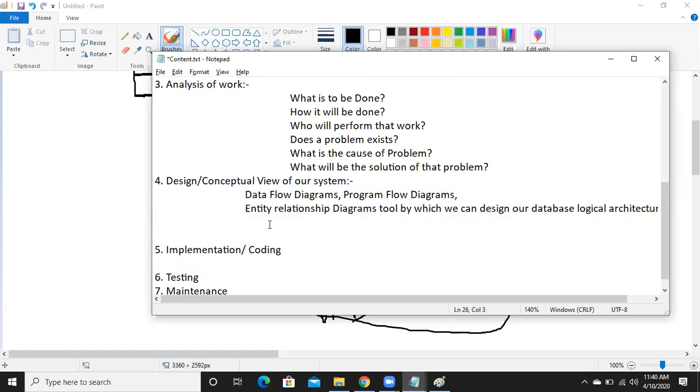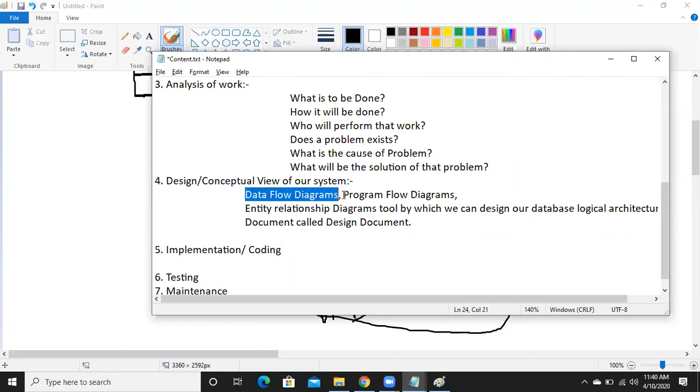Basically there is a document called a design document. In the design document, we write all these diagrams after finalizing the design, right?